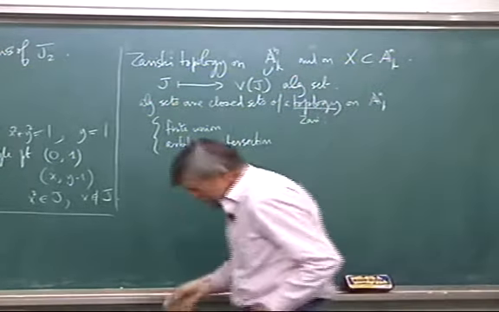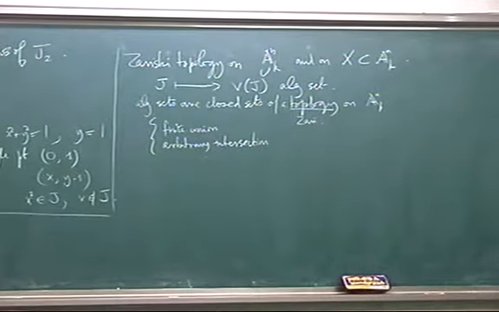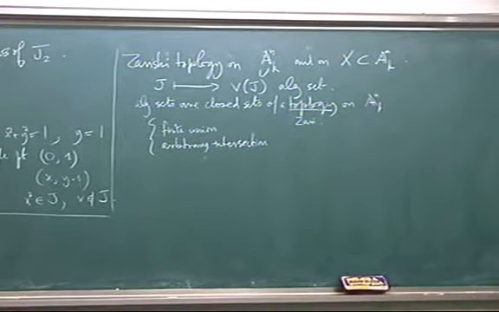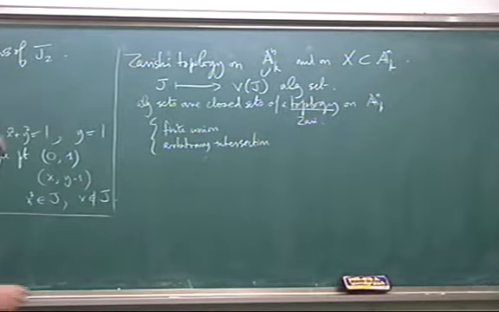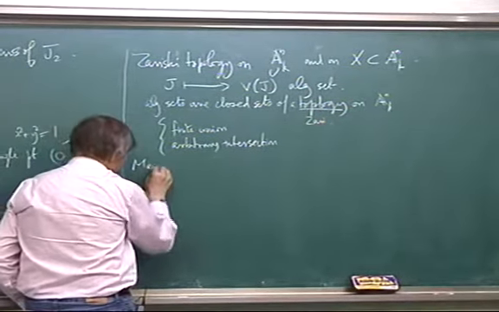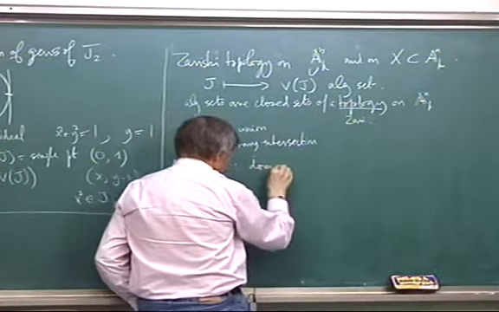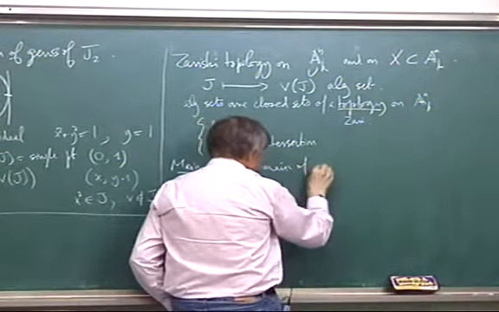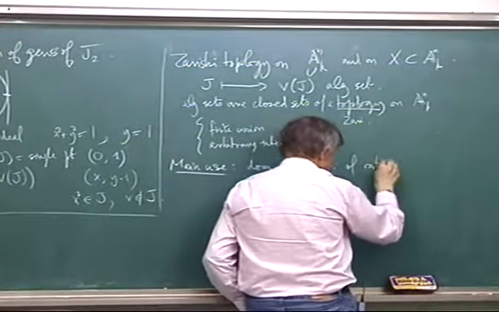We don't really want to use this topology because we're doing analysis. I'll explain later why we want to use it. We want to use it because we want to say what the domain of definition is. So the main use is the domain of definition of rational functions.